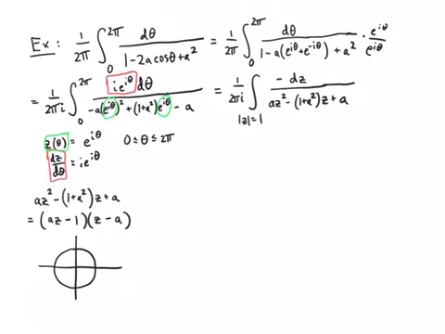And we'll assume that a is between 0 and 1, so that a falls in the interior of the unit circle. Our a would be something like that.